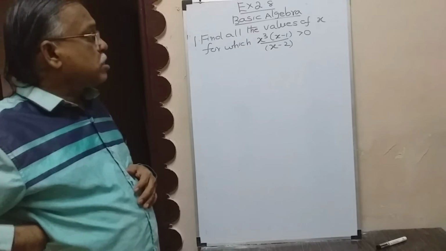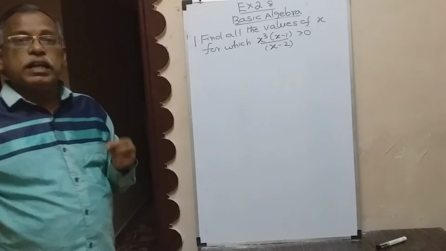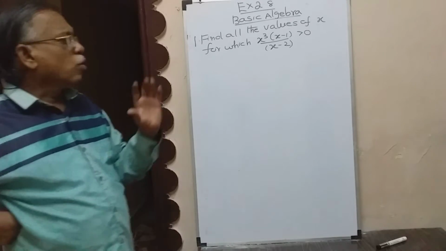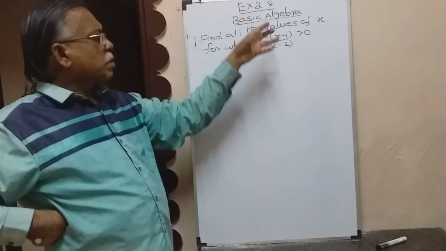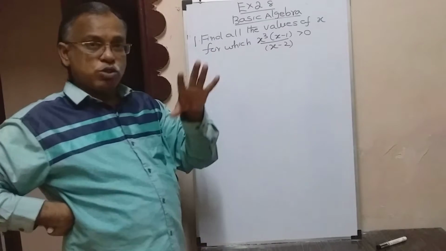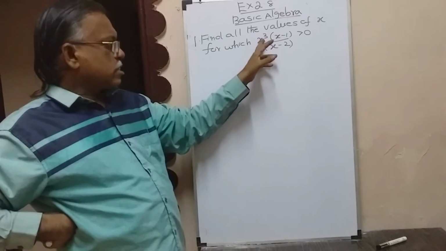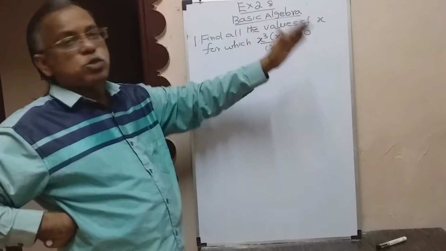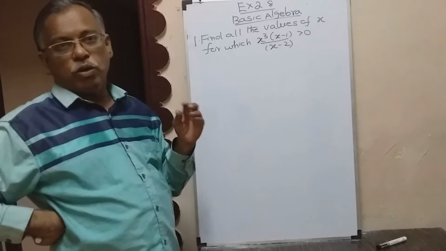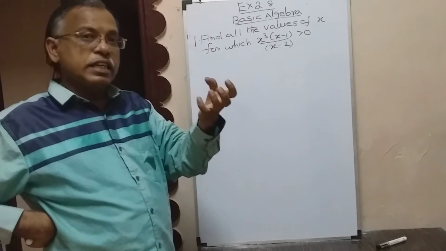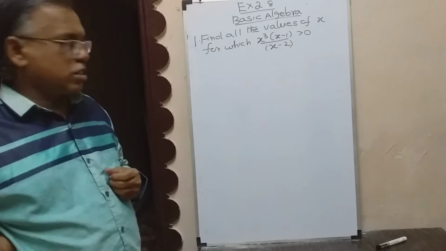So students, there is one small procedure to find the values of x that I already told you in solving quadratic inequalities. We will separately equate all the factors to 0, both numerator and denominator: x cube equal to 0, x minus 1 equal to 0, x minus 2 equal to 0. Then you get the critical points or critical numbers.